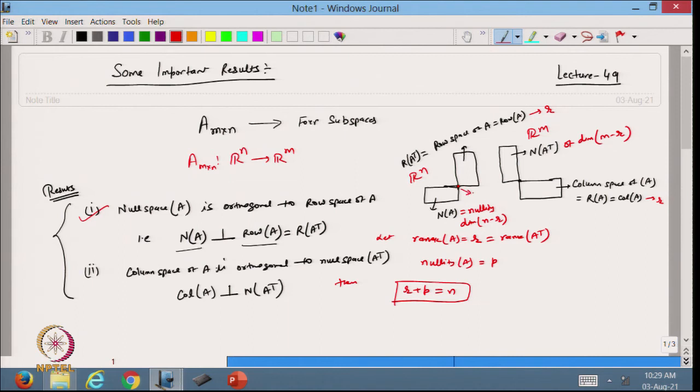So this is the 0 element of Rn, or maybe I can write it in another color.